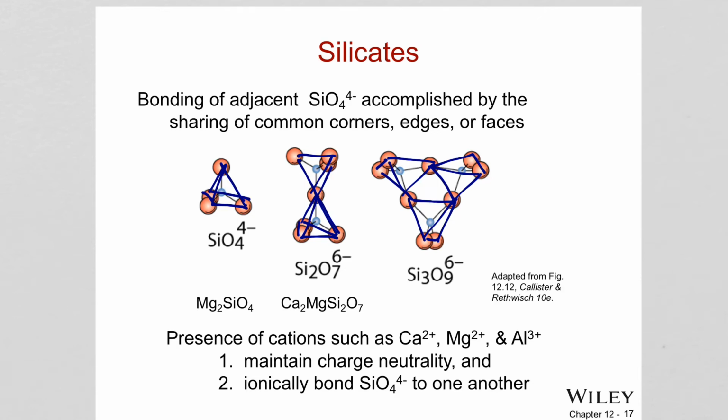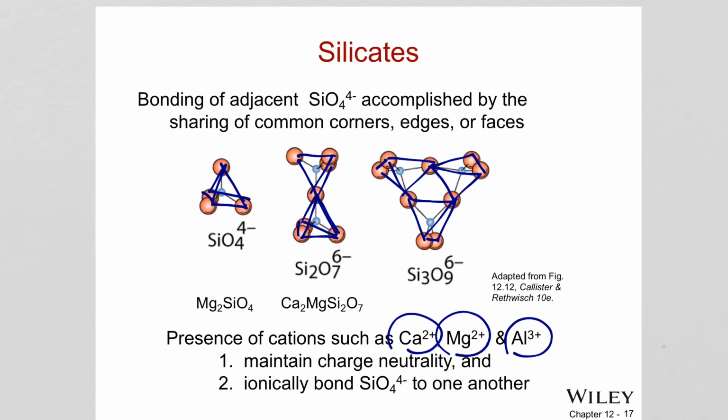Now these structures can have cations that are present in the structure, like calcium, magnesium, aluminum cations. They can have two roles. First, they compensate negative charges from the silicon tetrahedron so that charge neutrality is achieved. Second, these cations can also ionically bond to the silicon tetrahedron.